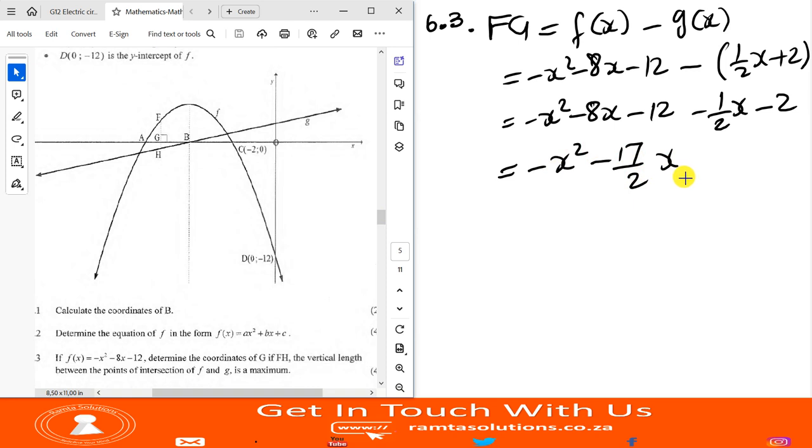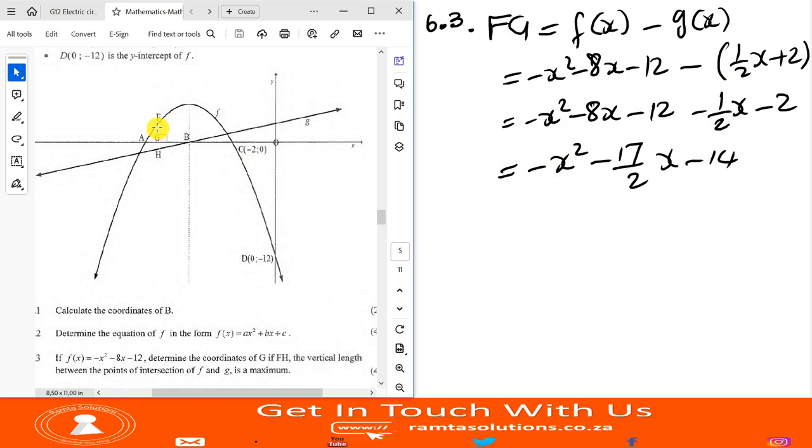Let me confirm. 8x plus half x, 16 plus 1, yeah, that's 17. So guys, this is the formula that describes FH.